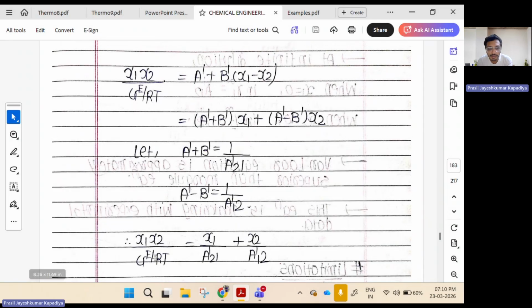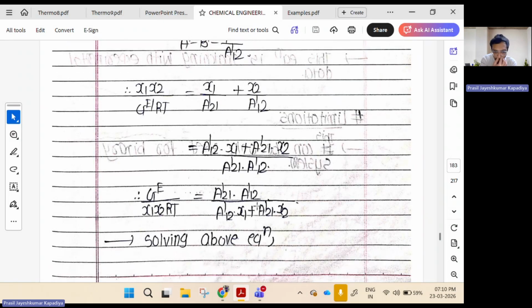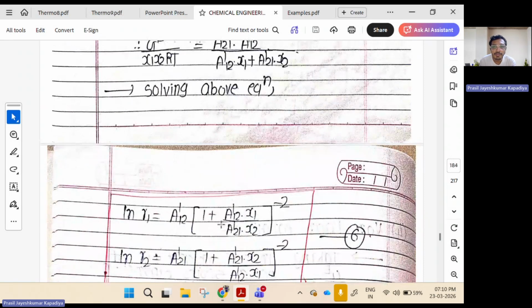So x1 x2 divided by G by RT is x1 by A21 prime plus x2 by A12 prime. Now cross multiplying, A12 prime x1 plus A21 prime x2 divided by A12 prime A21 prime. If I reverse it, G by x1 x2 RT is nothing but A12 prime A21 prime divided by A12 prime x1 plus A21 prime x2.